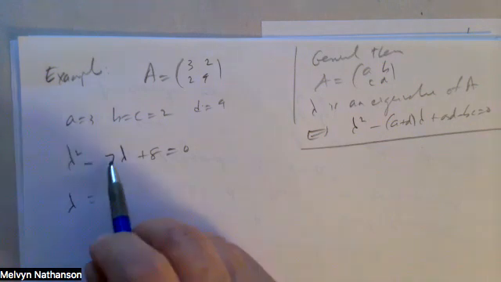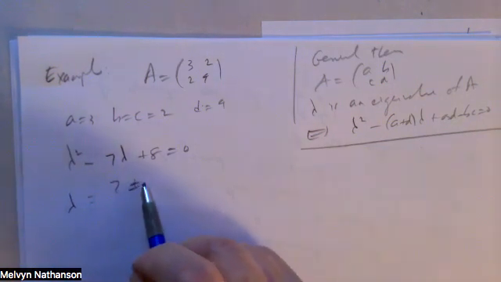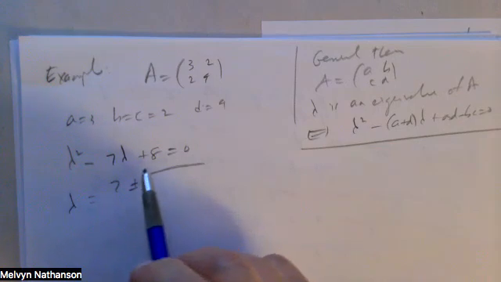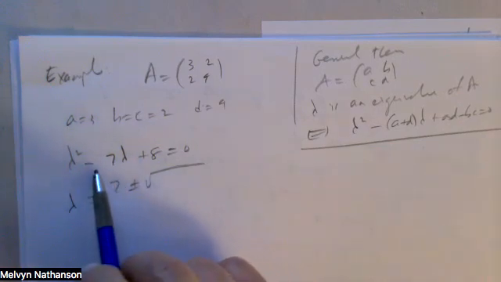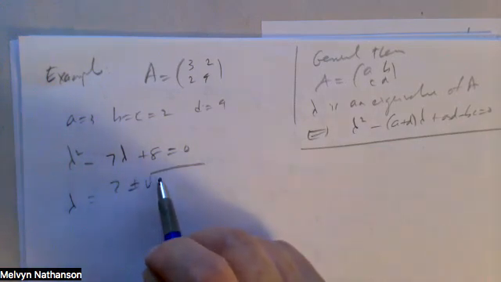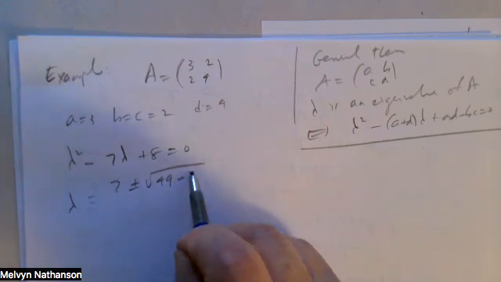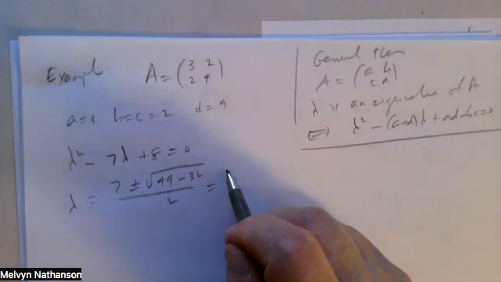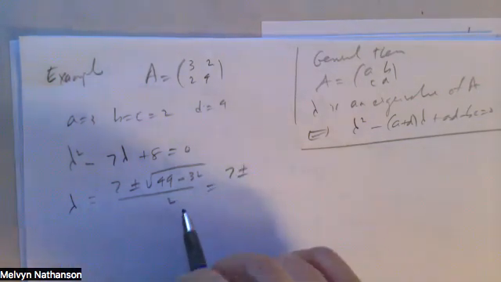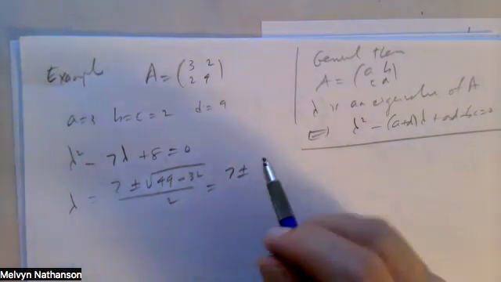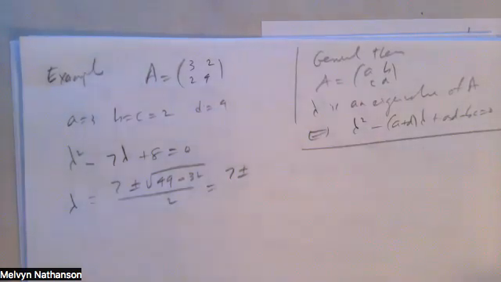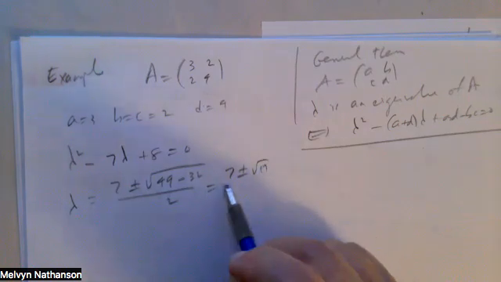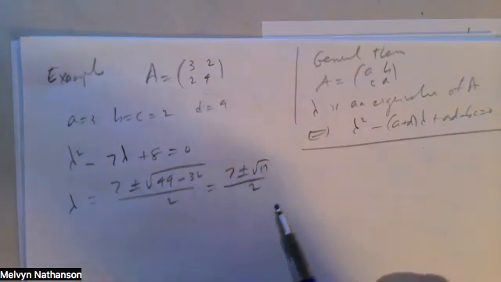Lambda is minus b plus or minus the square root of b squared minus 4ac over 2. That's 7 plus or minus the square root of 49 minus 32, over 2, the square root of 17 over 2.